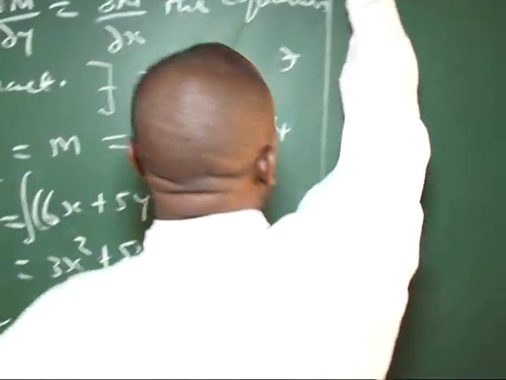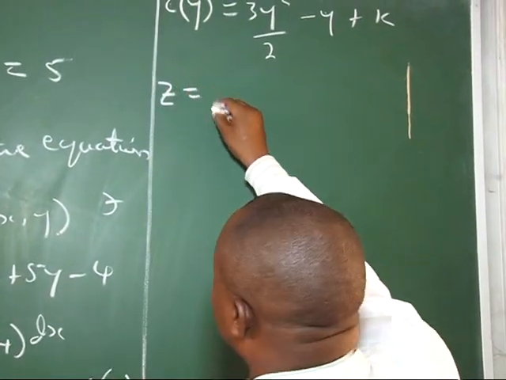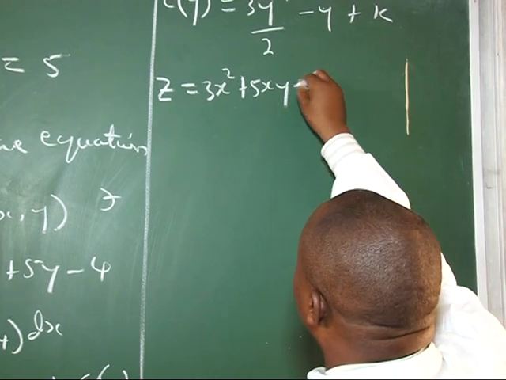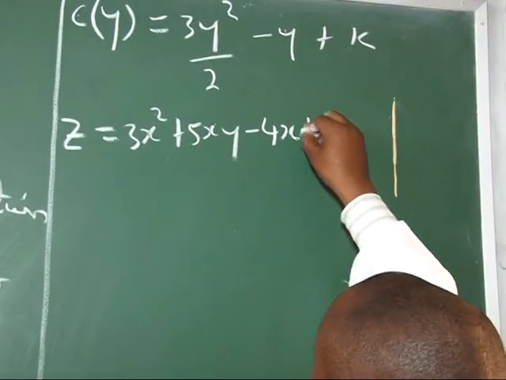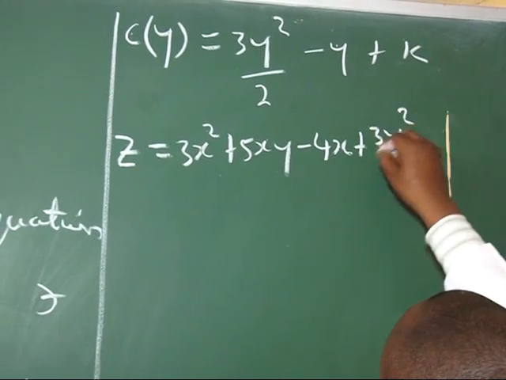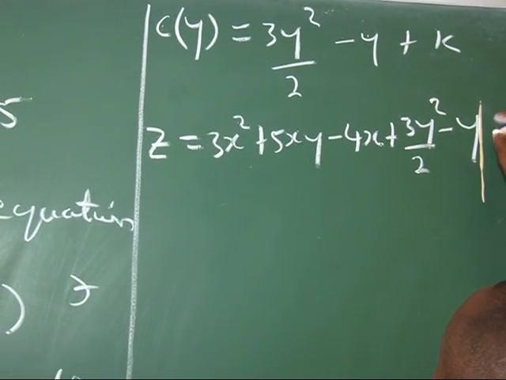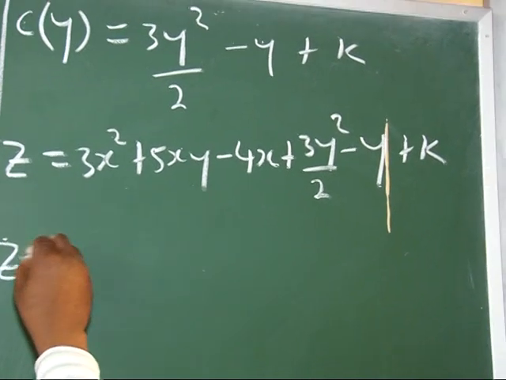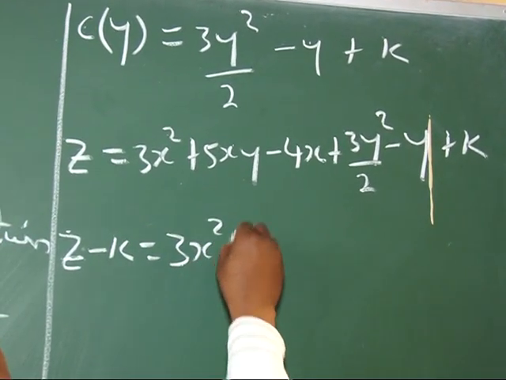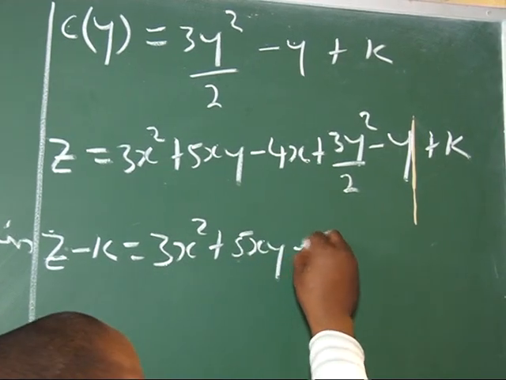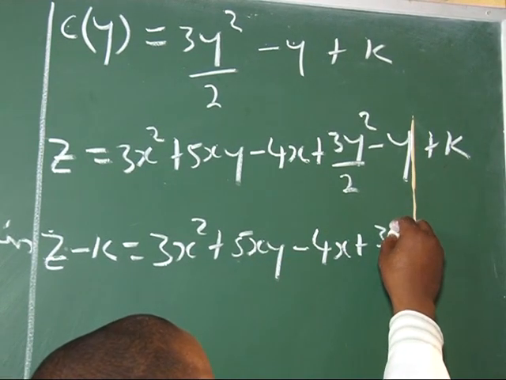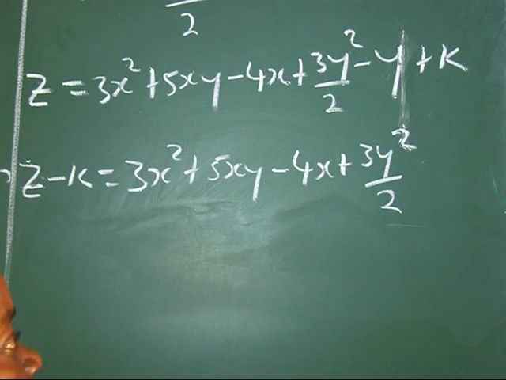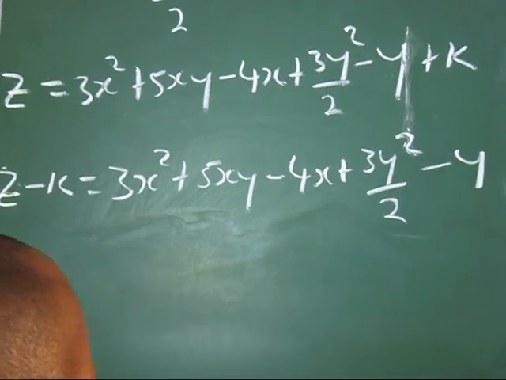Then z is equal to 3x squared plus 5xy minus 4x plus 3y squared all over 2 minus y plus k, which means z minus k is equal to 3x squared plus 5xy minus 4x plus 3y squared all over 2 minus y.